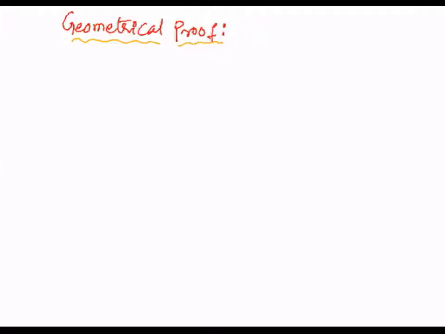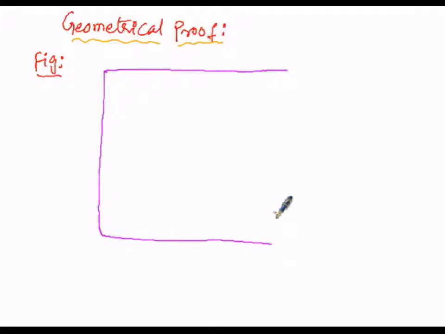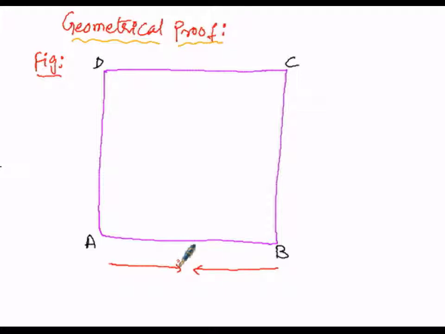In our proof, I am going to consider one figure, that is a square ABCD with side a units. So here I am going to consider the length of AB as a units.